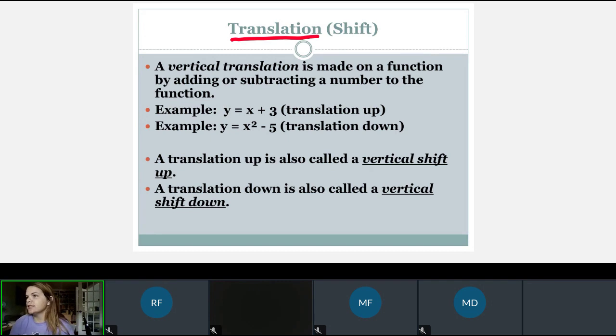A vertical translation is made on a function by adding or subtracting a number to the function. For example, if we have y equals x plus 3, that's going to be a translation up. If we have x minus 5, that's going to be a translation down. You can use the word translation or the word shift. Either of those are totally fine.